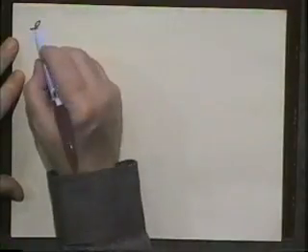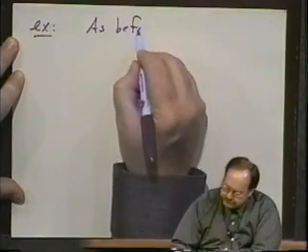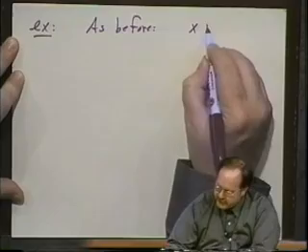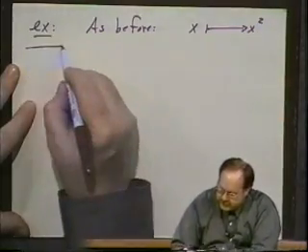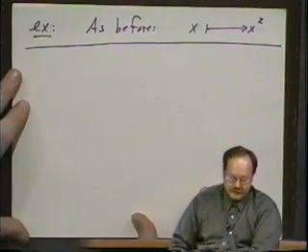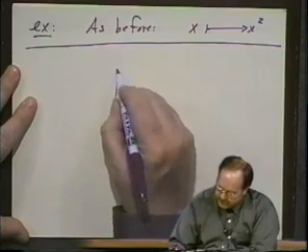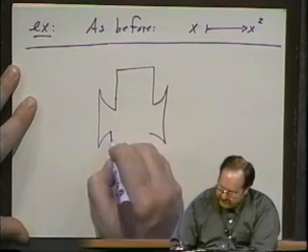So let's go ahead and look at the example we looked at before. As before, we looked at the function that took x to x squared. We don't have any standard notation for that yet. We will. But that's the function that squares things. Now in this machine version, there's the standard machine again.